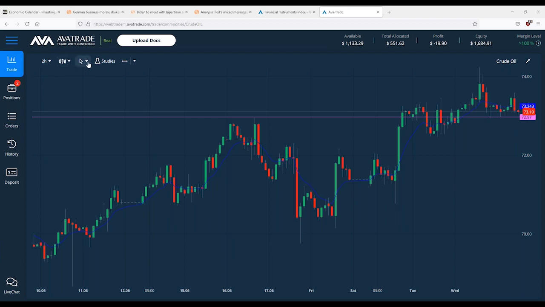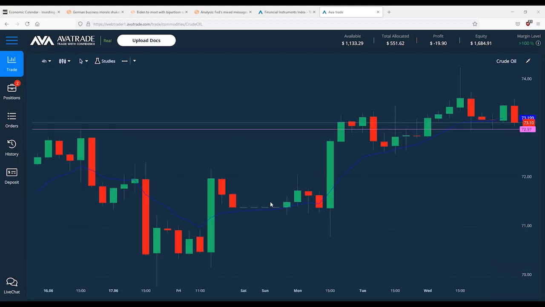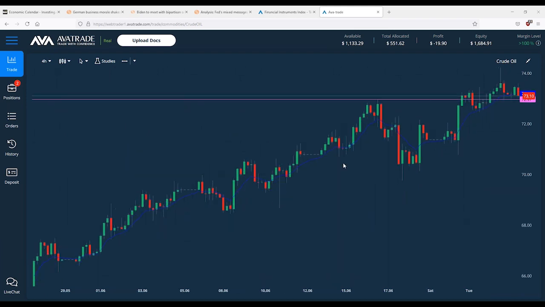So let's go bigger candles, say 4 hour. Okay. We see again, the resistance level becomes support. Okay. Let's go 1 day.